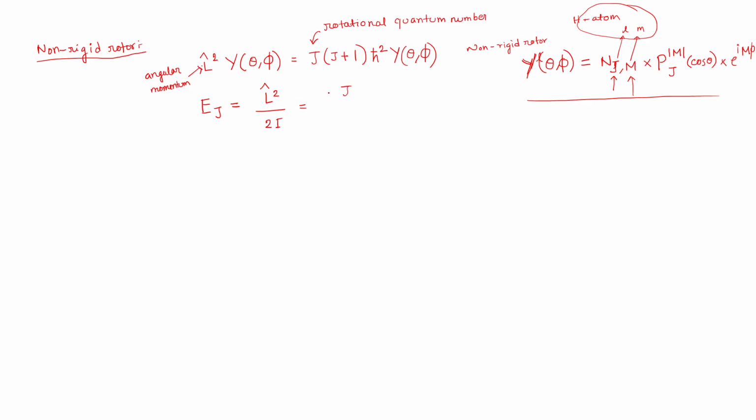It will eventually give you h bar square J into J plus 1 over 2 mu r naught square. So here you already know there is a two body problem. Is it for the rigid rotor? Yes, this is for a rigid rotor, where r0 is the distance between the two bodies.